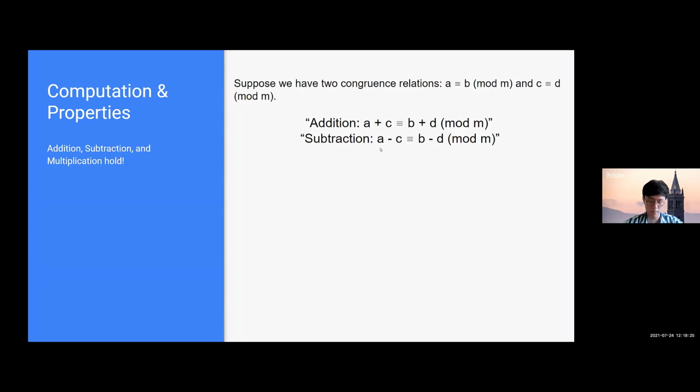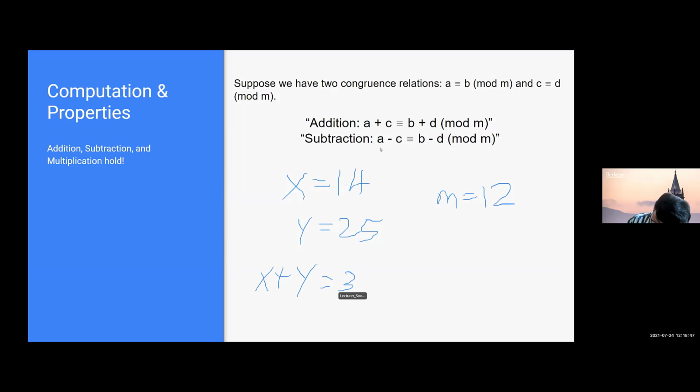For example, if we have x equal to 14, let me just write it down, and y is equal to 25, and you are trying to take the mod over 12, you can think of this as x plus y is equal to 39, which is equivalent to 3 mod 12.